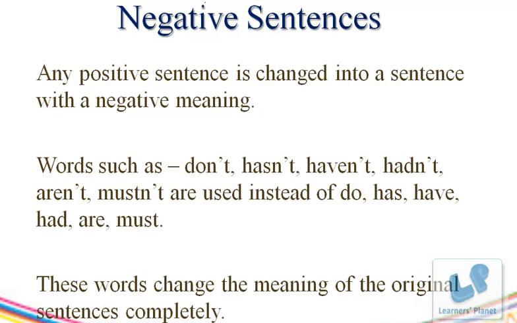Now, children, we will learn about negative sentences. Any positive sentence is changed into a sentence with a negative meaning. This means that if we take any sentence with a positive meaning, and just by changing a word, we can convert the whole meaning. Okay? But that word should have a negative meaning. Words such as don't, hasn't, haven't, hadn't, aren't, mustn't are used instead of do, has, have, had, are, and must.